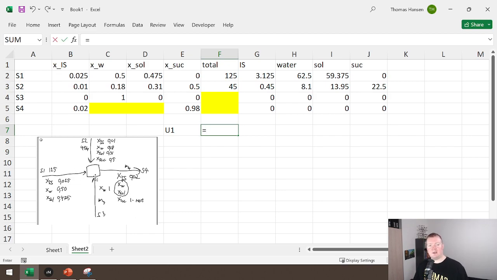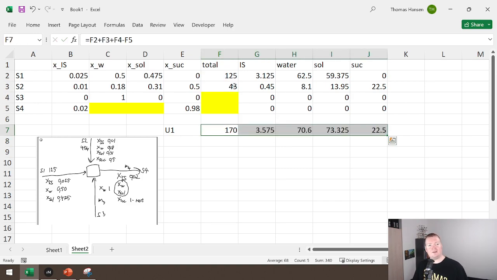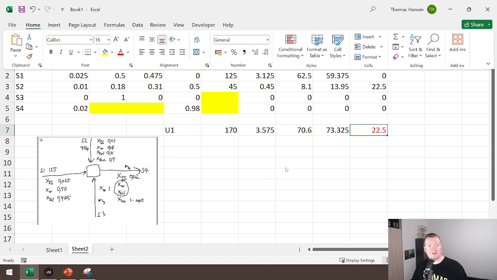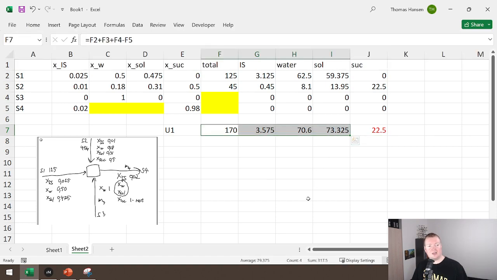If I look at my drawing, stream 1, 2, and 3 enter. So 1 plus 2 plus 3. What exits? Only stream 4. That was my total balance. That was my component balances. And that's basically it. Again, one of them I can't use. It's not independent of the others. So I'm left with 4 equations, 4 unknowns.